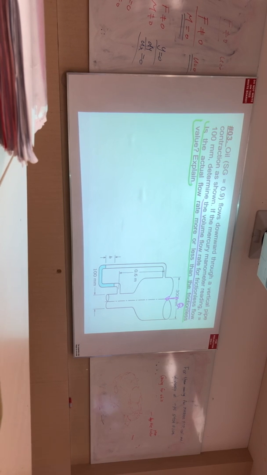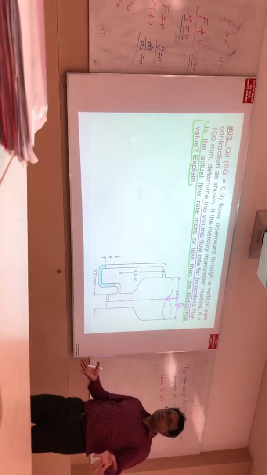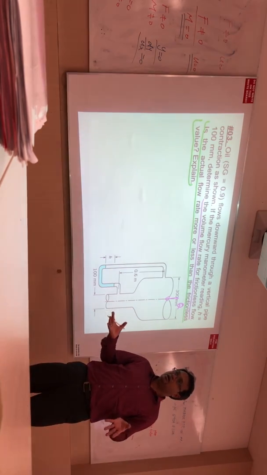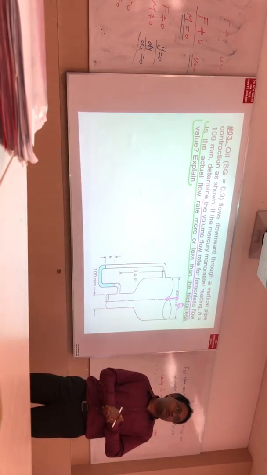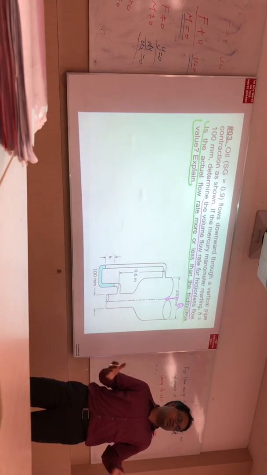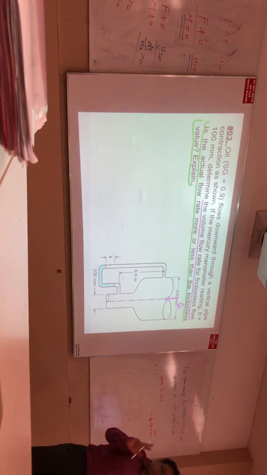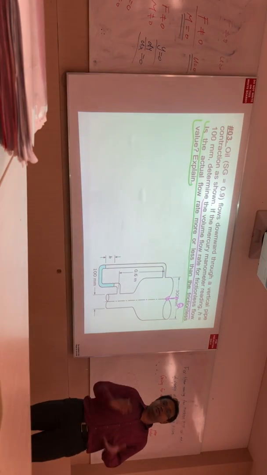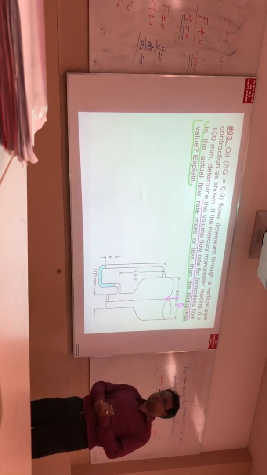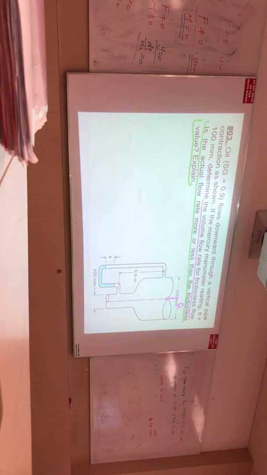Two questions, right? All our equations that we wrote here are valid for frictionless flow, for the ideal case. For the real case, you have to add the friction head. Later I will show you. So first, you have to calculate the value of Q.